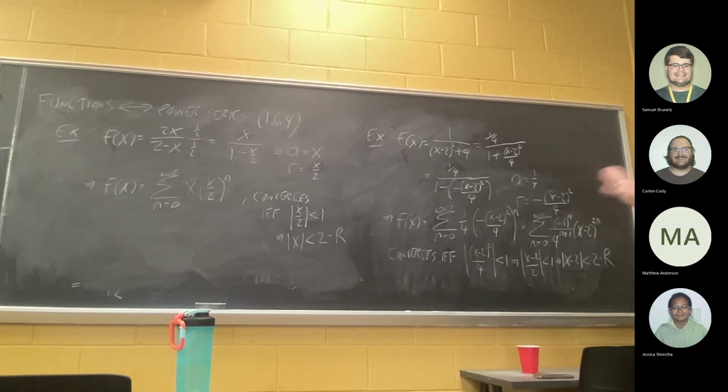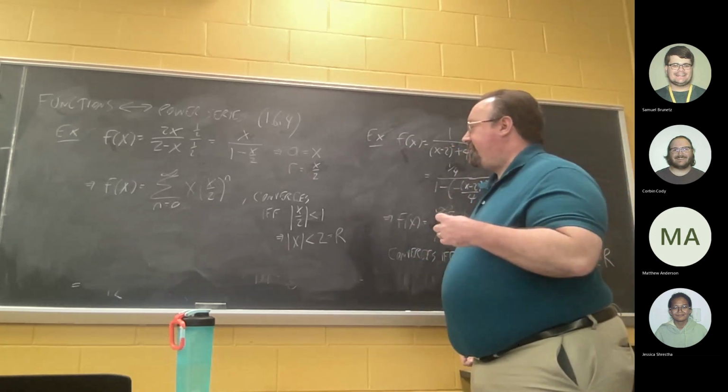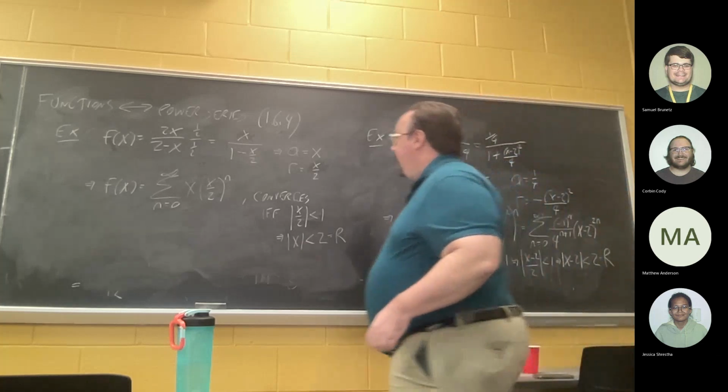What I'd like to do is write this power series in a more standard form, because normally it's the sum of some sort of coefficient times x to the n.